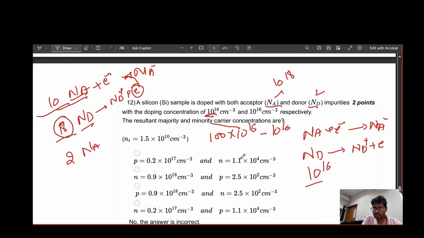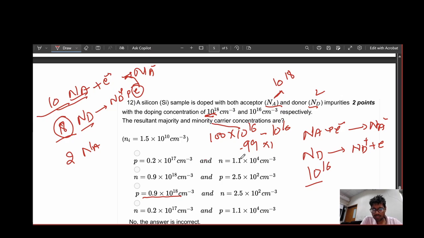So there will be 99 into 10 raised to power 16, that is 0.99 into 10 raised to power 18, given as 0.9 into 10 raised to power 18. This will be the acceptor concentration, the P type. This should be the answer.